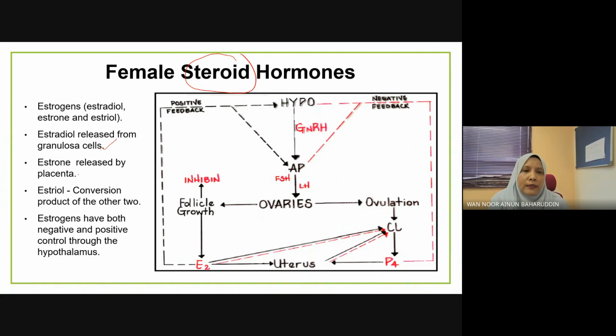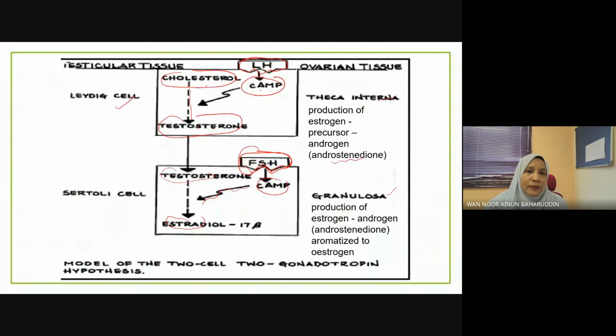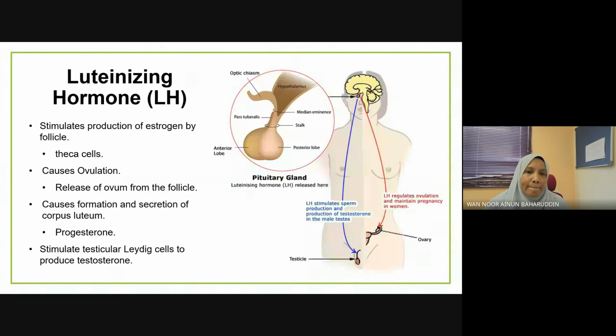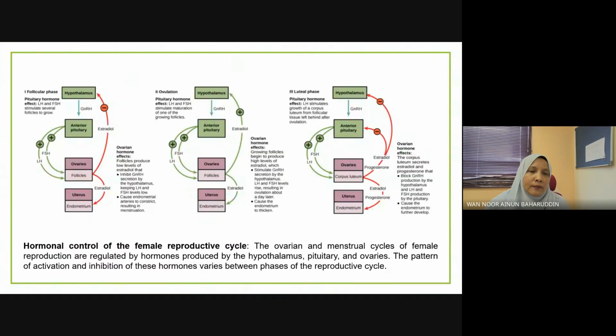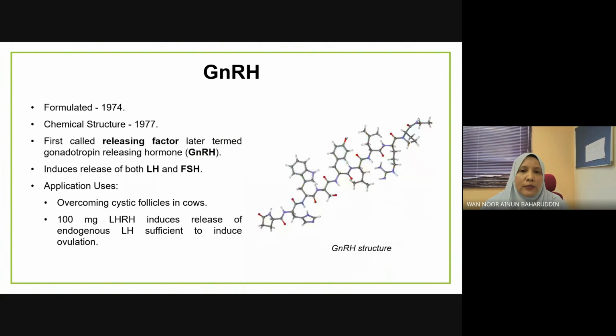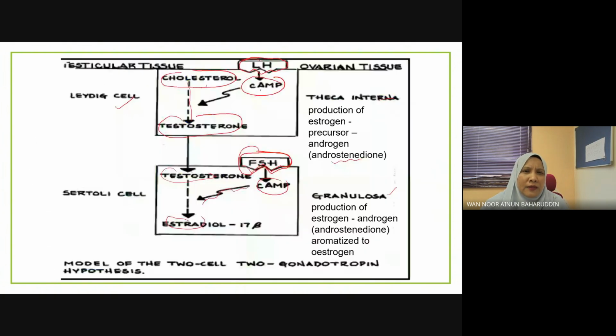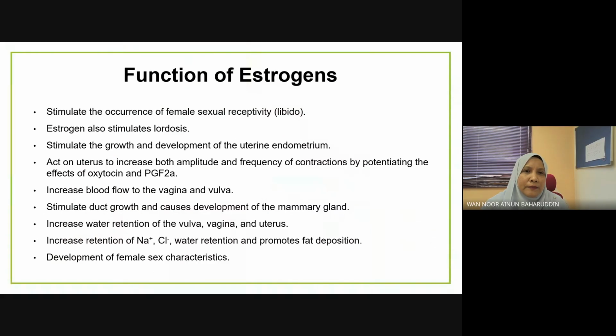Estrogen is released by the placenta; estriol is the conversion product of the other two. Estrogen has both negative and positive control through the hypothalamus. As I said earlier, estrogen has two feedbacks. Look back at the picture. Estrogen gives positive feedback only at ovulation, but it can also give negative feedback during the luteal phase as well as during the follicular phase. That is why estradiol is an important gonadal steroid.